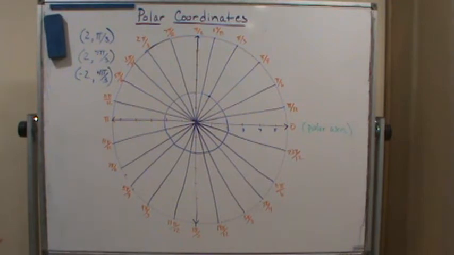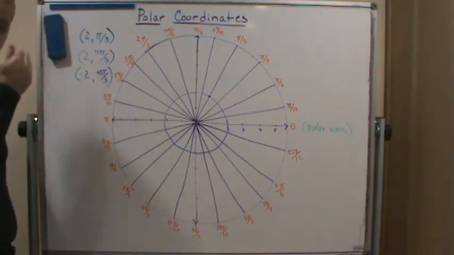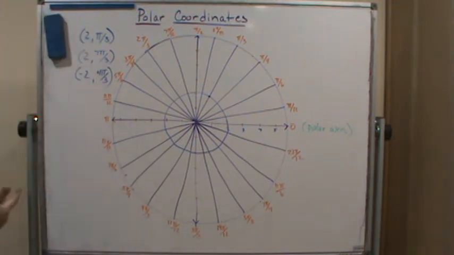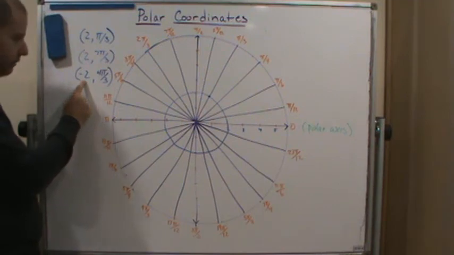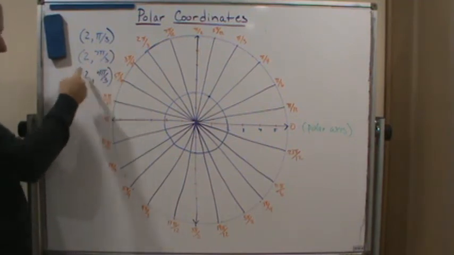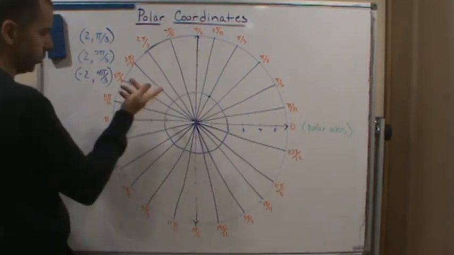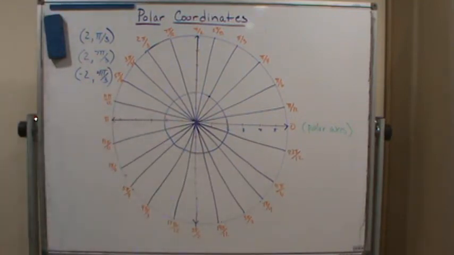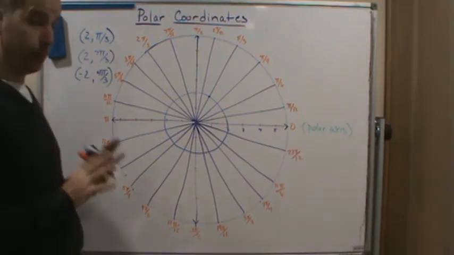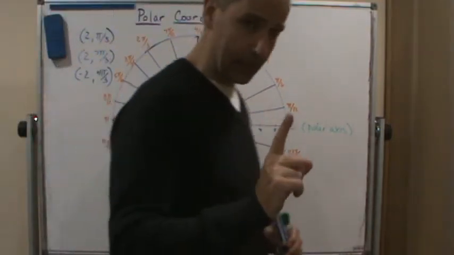Every time I add 2 pi to the angle, I go around one time and end up right back where I started. I can do the same with the negative, and I can go in the negative direction too, so I could use negative angles as well. There are lots of different ways to represent a point. That's one thing to keep in mind.